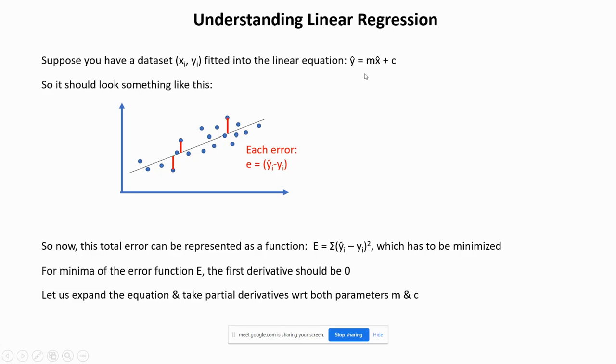Okay. If you calculate the error in that case, if you substitute that expression for a cubic polynomial, you will see with respect to those 4 parameters, you will have 4 different equations to solve. And from those 4 equations, you can find the unique set of variables m1, m2, m3 and c.